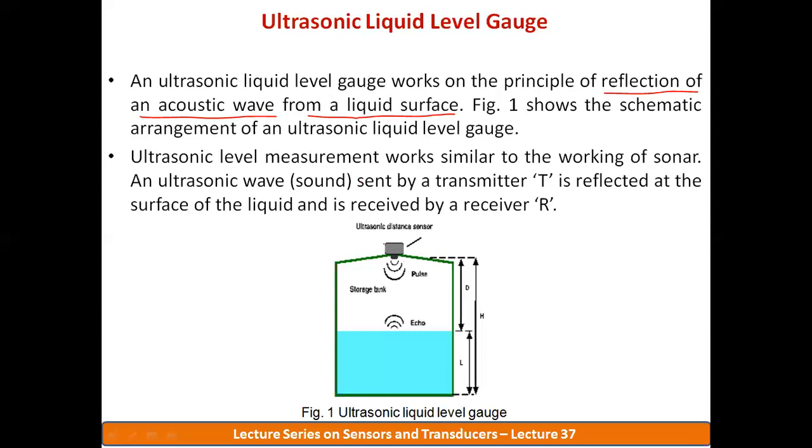Here we have an ultrasonic distance sensor. This ultrasonic distance sensor will have two main parts: a transmitter and a receiver.